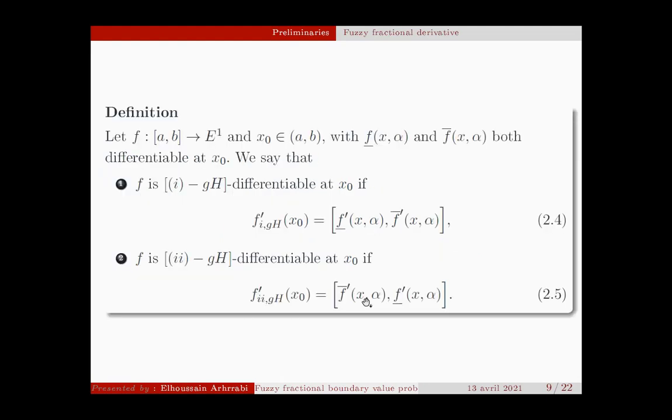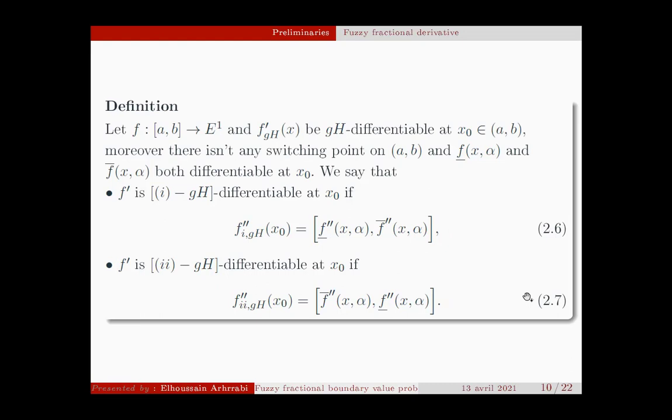Another definition: let f be defined on the interval (a, b) into E1 and x0 in (a, b), with the left and right-hand endpoints of the alpha cut of f both differentiable at x0. So we say that f is differentiable at x0 if we have formula 2.4, and f is doubly differentiable if we have formula 2.5.